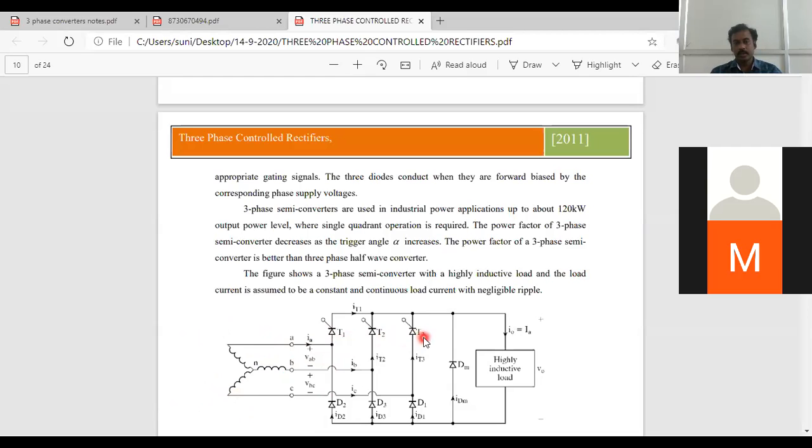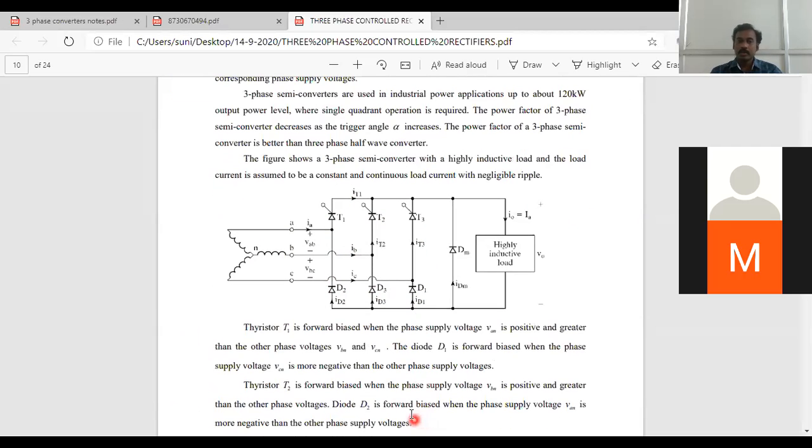So T1, T2, T3 operate for the positive values, D1, D2, D3 operate for the negative values of the supply. Okay, so at each instant you are going to have the conduction same as in the previous case. This 120 degrees conduction of T1 is going to be shared by two devices, two of the diodes.